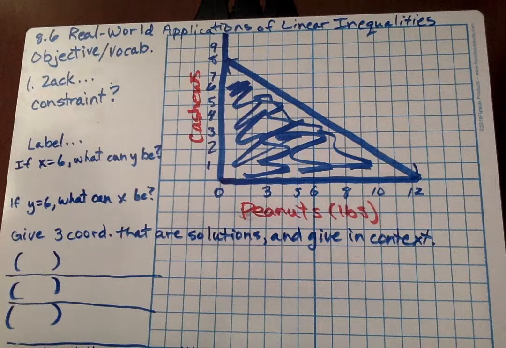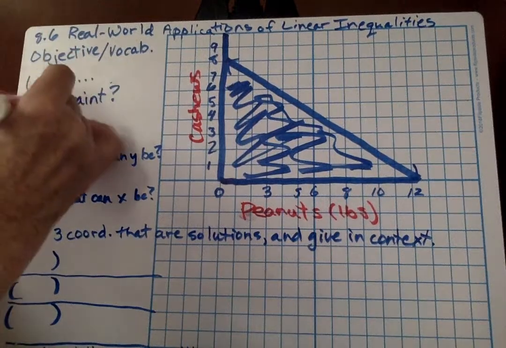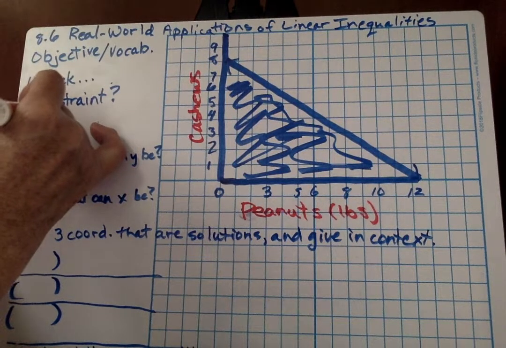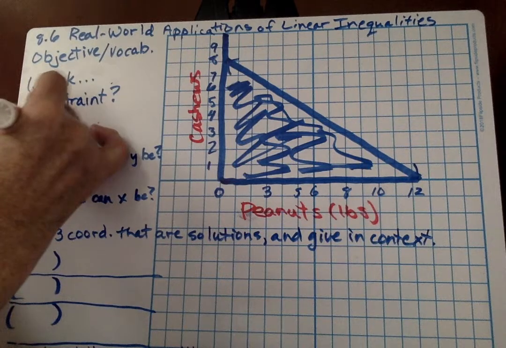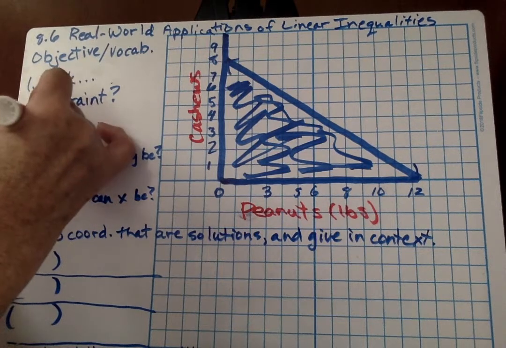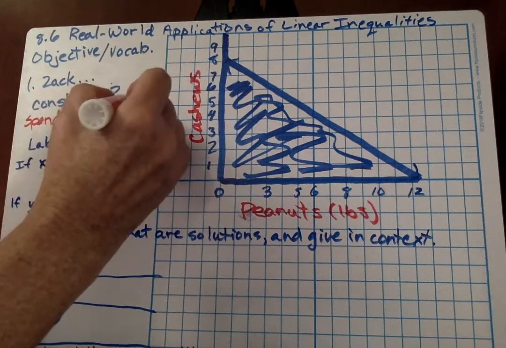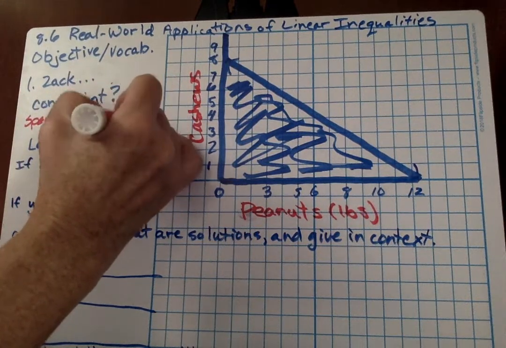So what is the constraint on the situation? Okay, so his limitations are he can only spend no more than $24.